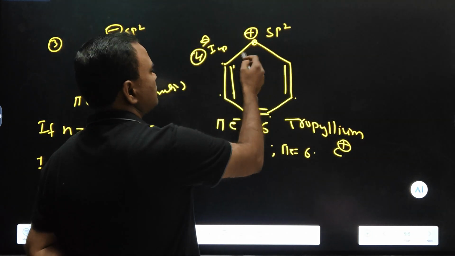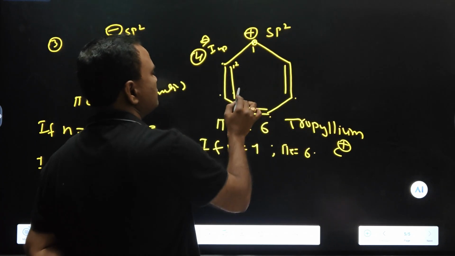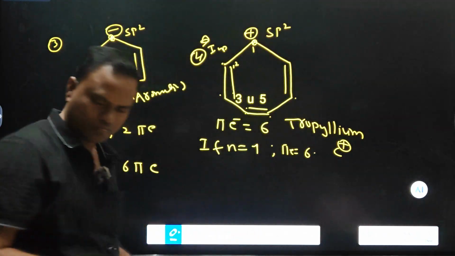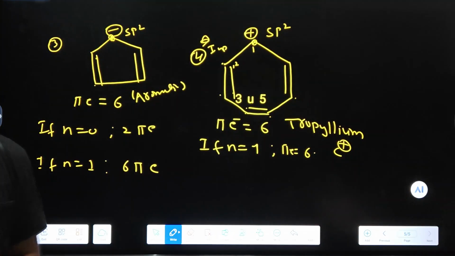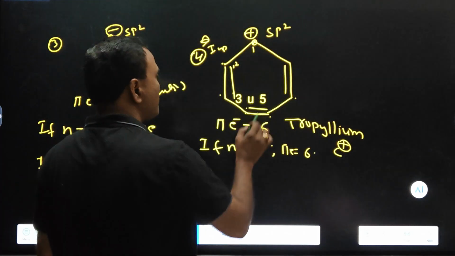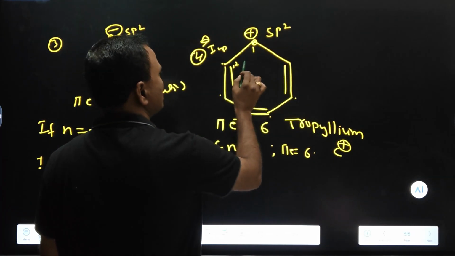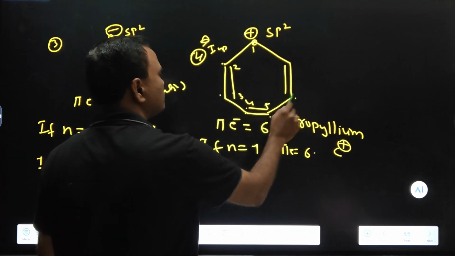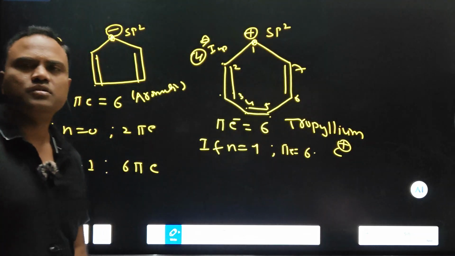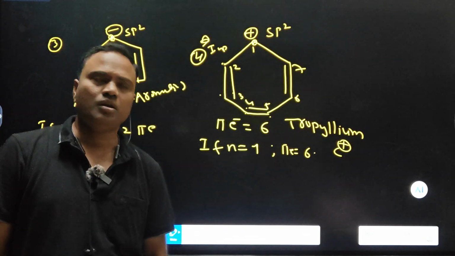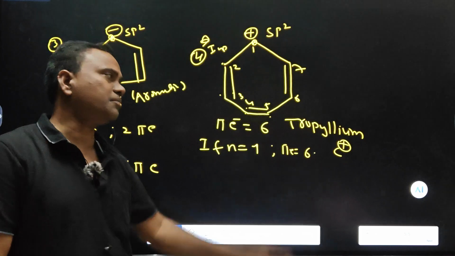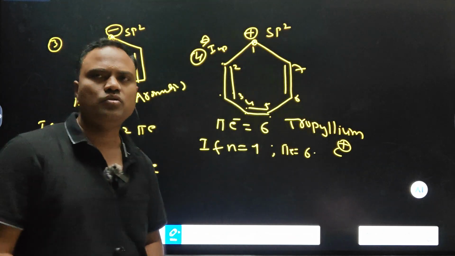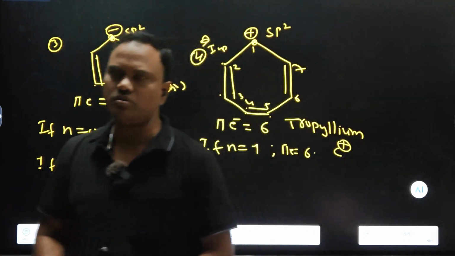Count, give numbering, random numbering: 1, 2, 3, 4, 5, 6, 7. 7 means hepta. Cyclohepta. How many double bonds are present? 3 double bonds, tri. Cycloheptatrienyl cation. But its common name is important. Questions came on the common name only. Tropylium carbocation, cycloheptatrienyl cation, satisfying the 4n plus 2 pi electron rule, Huckel's rule.